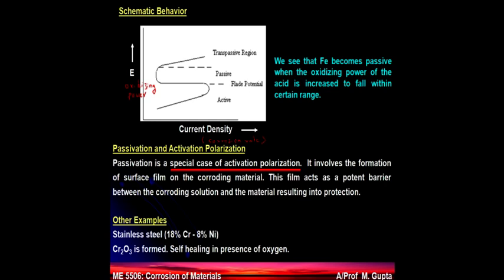And then comes a level of the oxidizing power, somewhere here, where suddenly the material loses its corrosion ability and the current density is now established at a very, very low level or maybe at zero level. This oxidizing power or potential is known as the passivation potential. If you keep increasing the oxidizing power or the applied potential, you see that there's a vertical section here. That means your corrosion rate still remains at a very low rate.